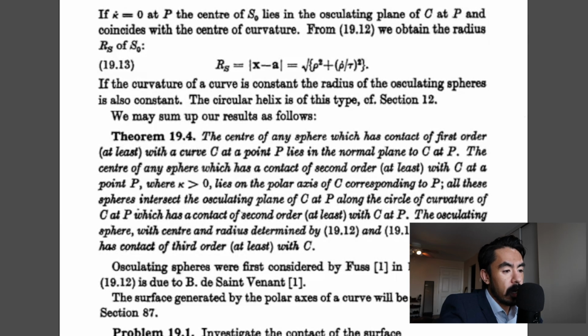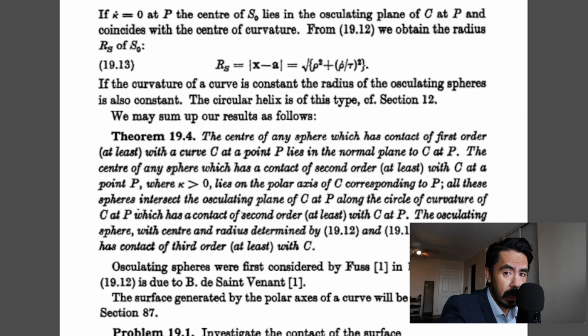If kappa dot equals 0 at P, the center of capital S naught, the center of the osculating sphere, lies in the osculating plane of the curve C at the point P and coincides with the center of curvature.